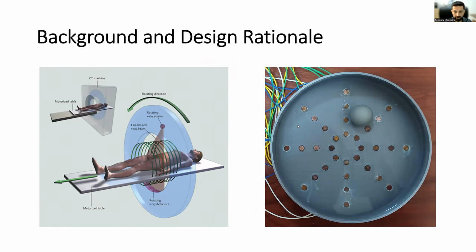In computed tomography, the X-ray source rotates around the body, but in our design, we mimic this concept using a rotating electrode-based stimulation and measurement strategy, while keeping the entire setup planar. I mean, all electrodes are mounted on a flat surface. This allows for simplified setup, easier fabrication, and potentially broader use cases.